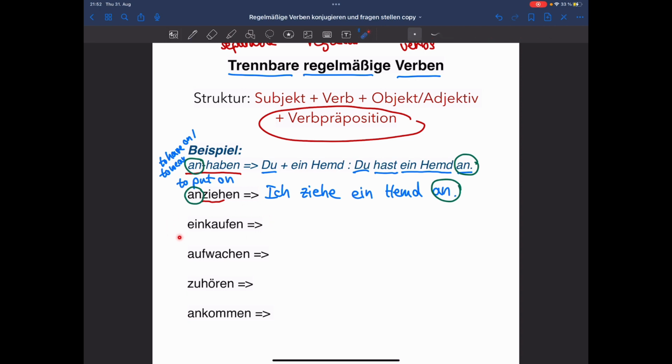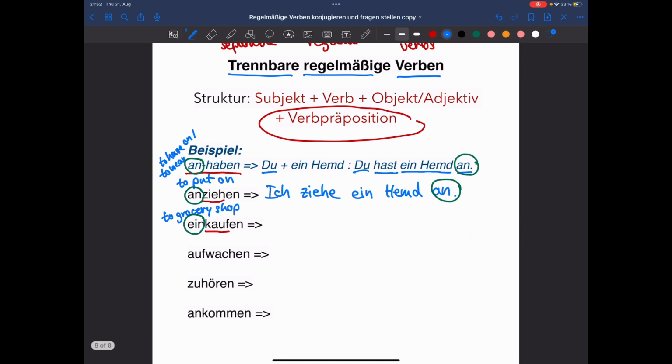The next verb is einkaufen. Einkaufen means to grocery shop, or to go shopping for groceries. I don't know if that's the right verb in English. But anyways, einkaufen. The verb preposition is ein, and the verb stem is kauf. Now let's make a sentence.